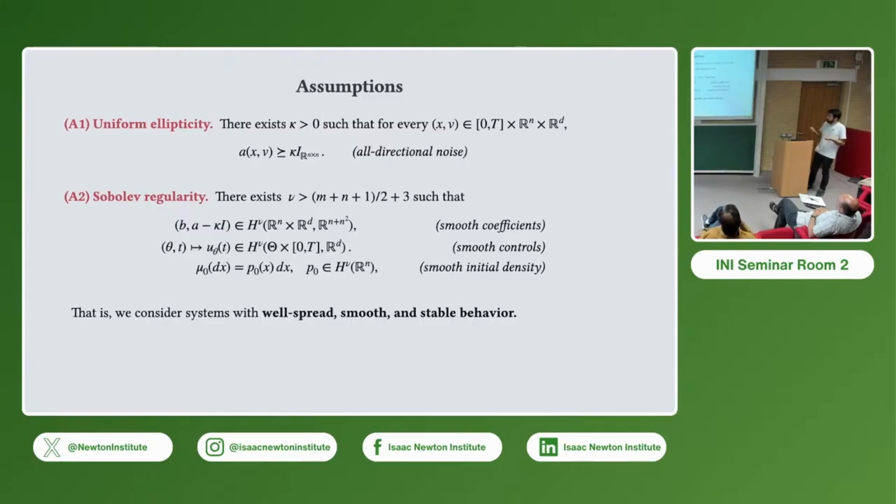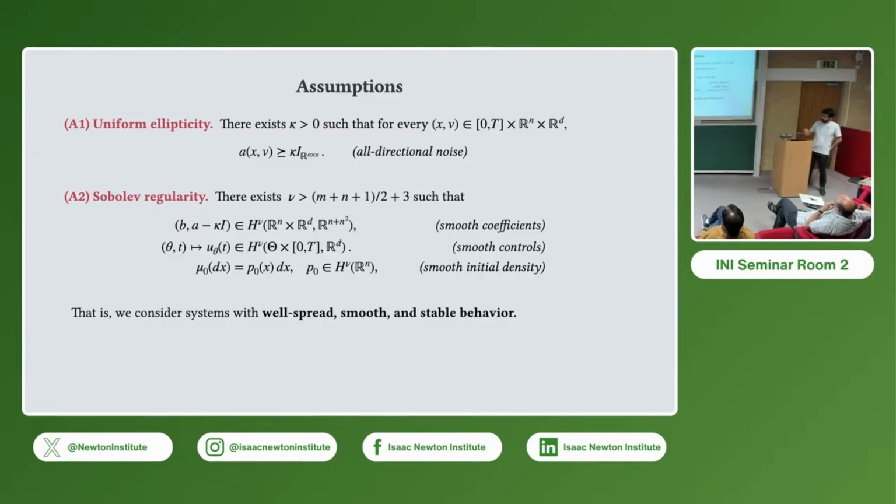All these assumptions can be thought of as assuming the system has smooth trajectories and smooth parametrization in the control, so we limit our study to this kind of systems. It means, coming from the uniform ellipticity, that we don't have degenerate density.